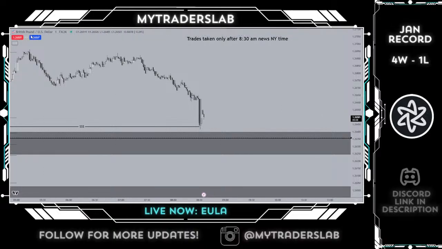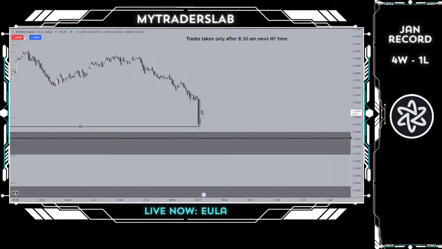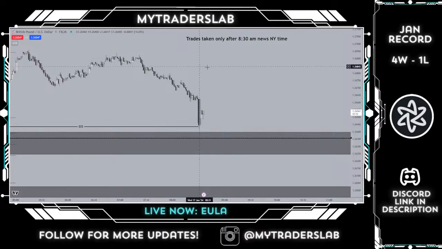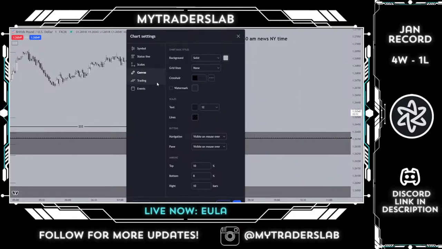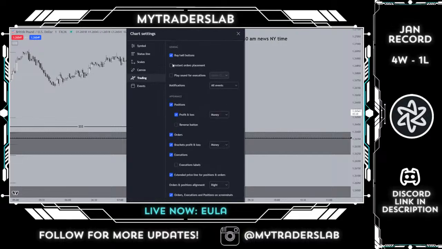Also, I don't know what's going on with my chart. Usually I can change the order number over here, but for some reason it's showing me the spread instead of the order number. Oh, I don't know why it's turned off.